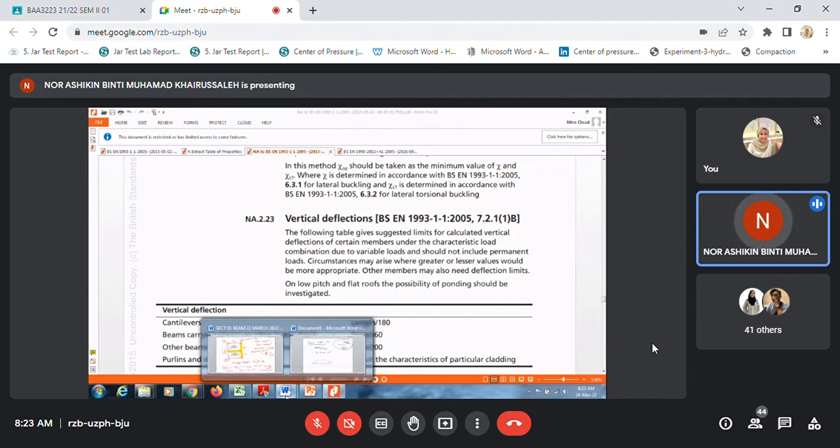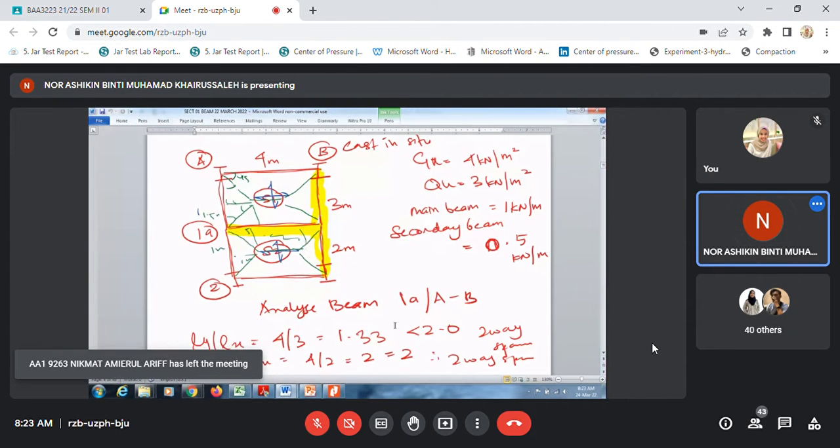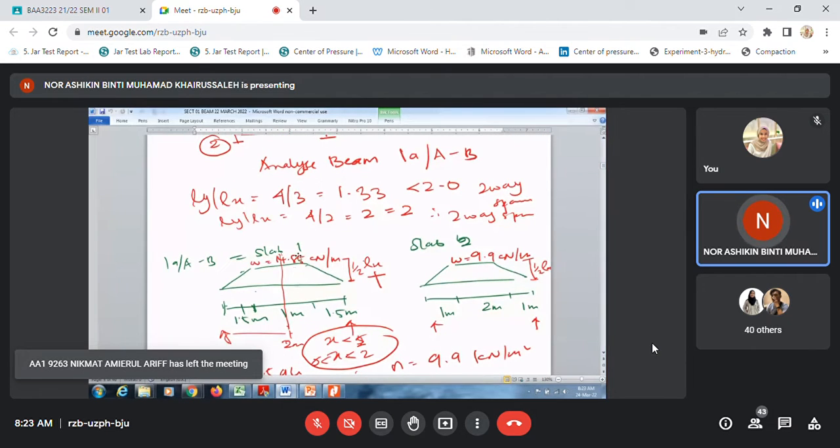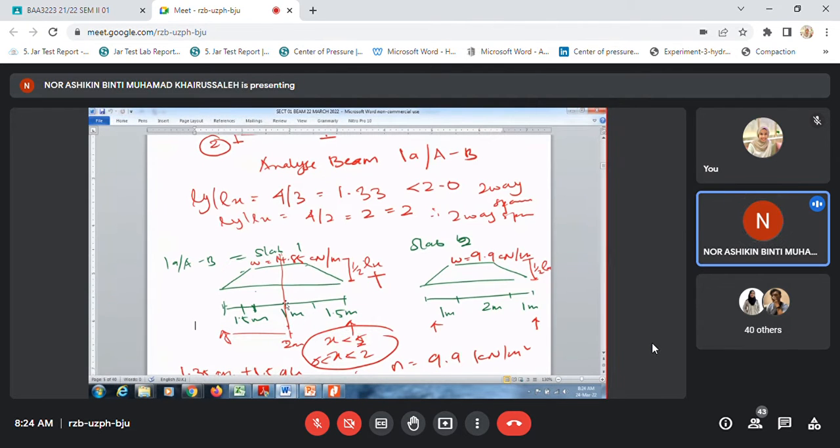So meaning that the W here, the one that we calculated last time, W is a combination of the permanent load and the imposed load. So when you're calculating W for the deflection, you have to ignore the permanent load, just calculate the imposed load. So what is the partial safety factor for the imposed load?